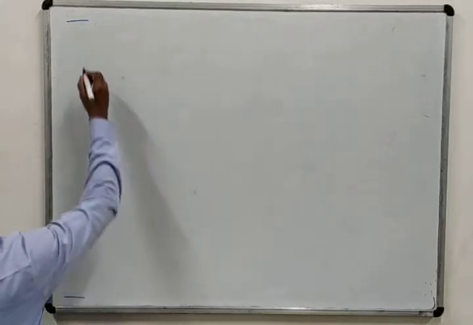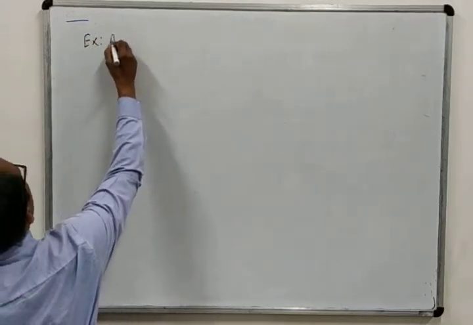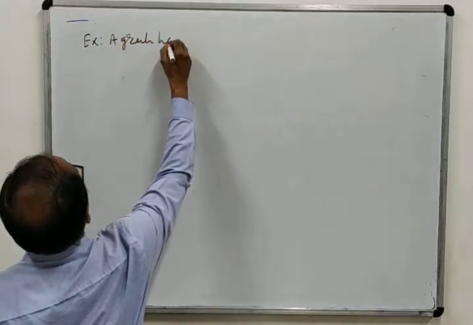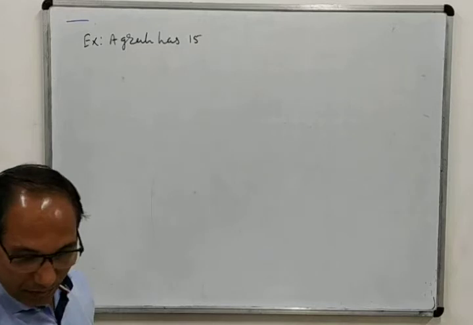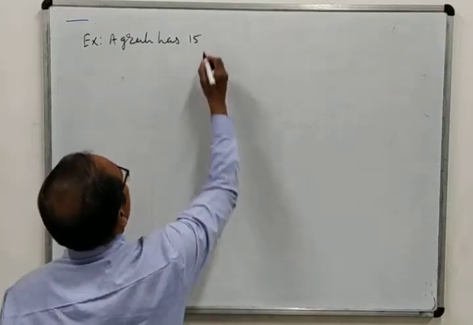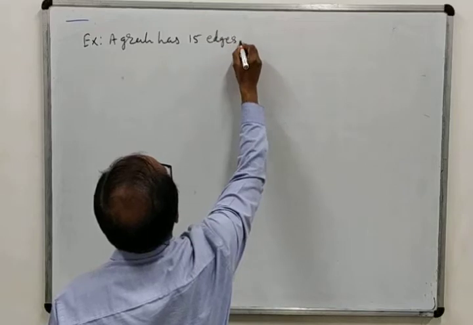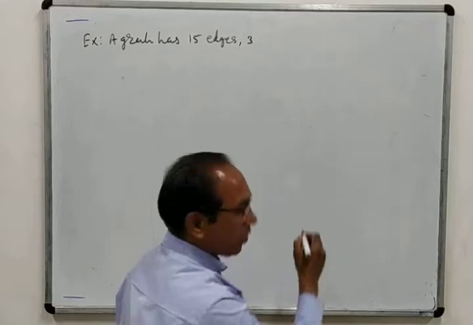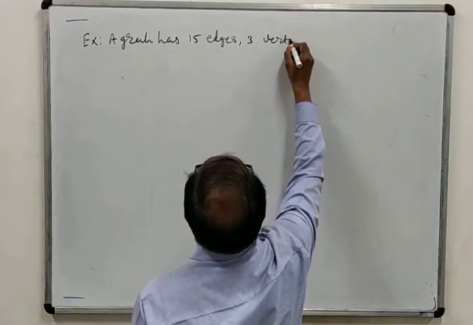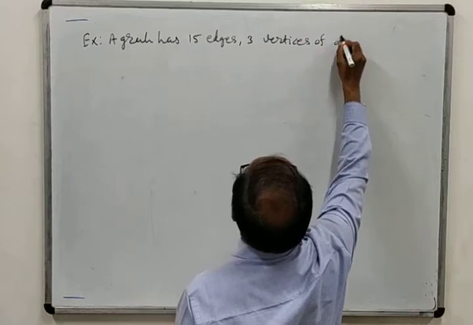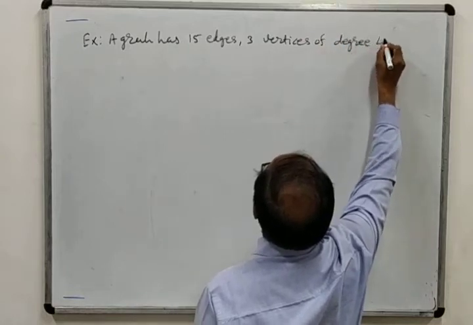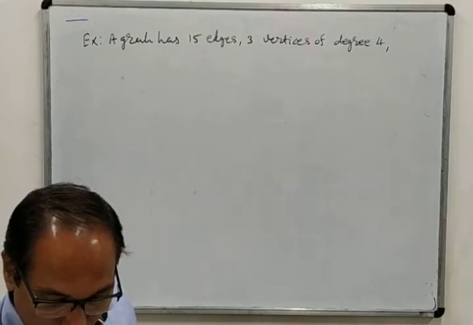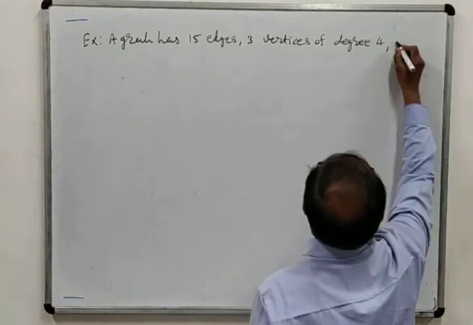Now let us see one simple example. This type of example can also be asked. Example: a graph has 15 edges, 3 vertices are of degree 4, and all other vertices are of degree 3.